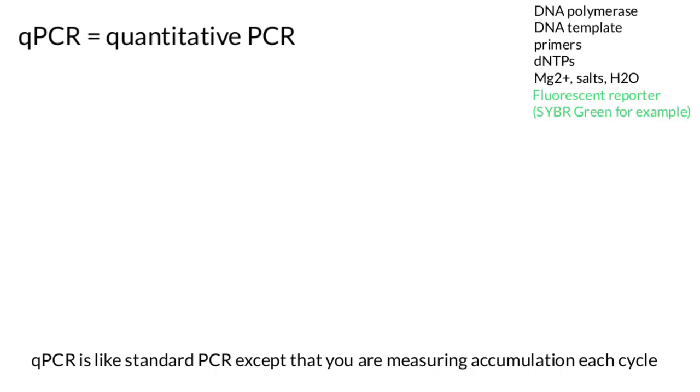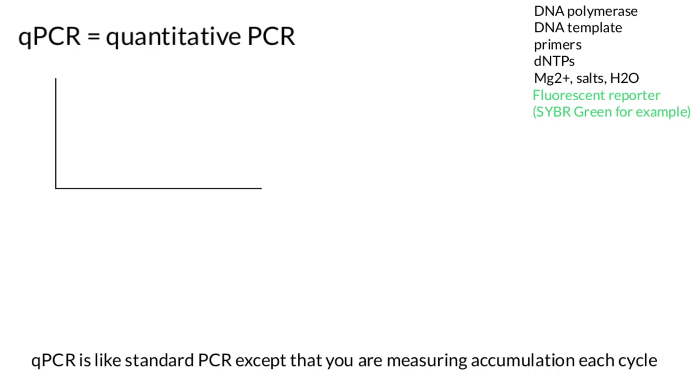Quantitative PCR machines have these additional lasers or a single laser that moves around, and for each reaction that's happening, measures this fluorescence in real time. The output of this reaction is usually a graph where there's a y-axis and an x-axis.